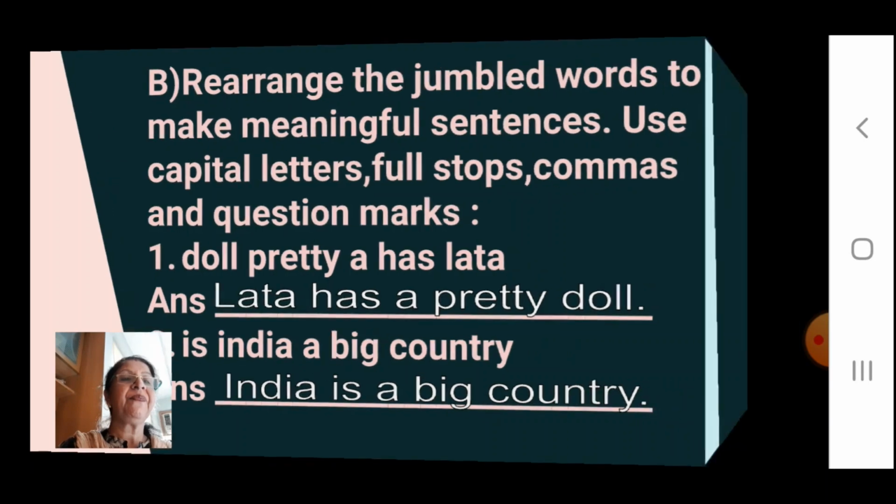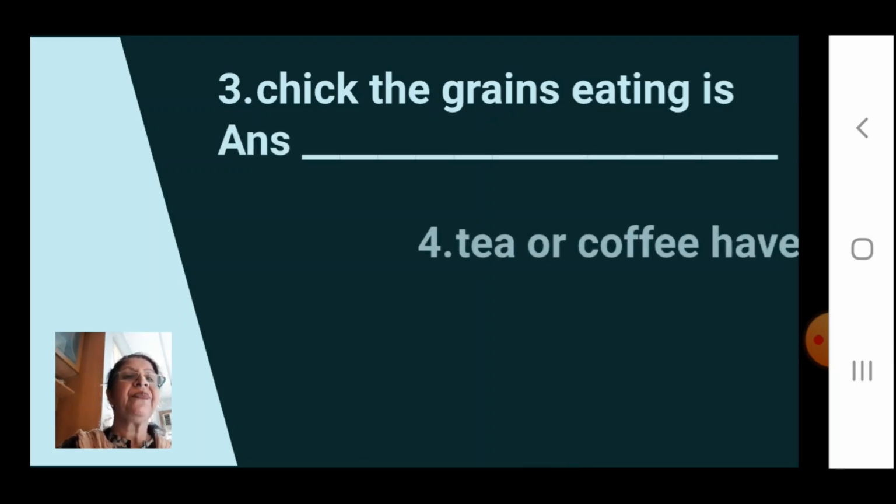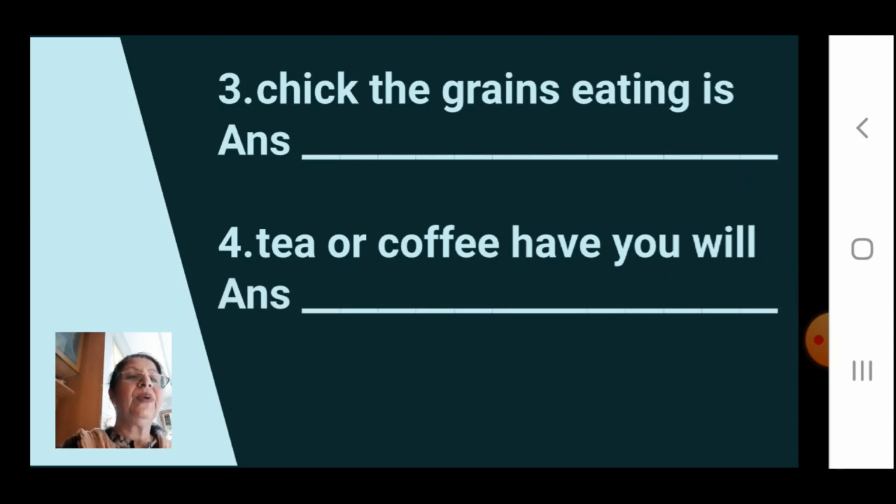Yes. After this there are some more. "Chick the grains eating is." Number 4, "Tea or coffee have you will." Again we have to rearrange them and put a capital letter, full stop or question mark.